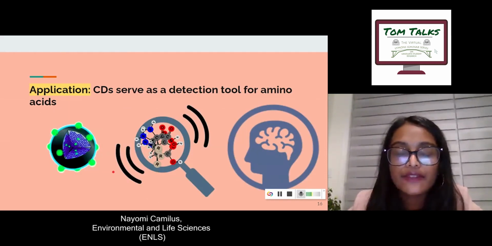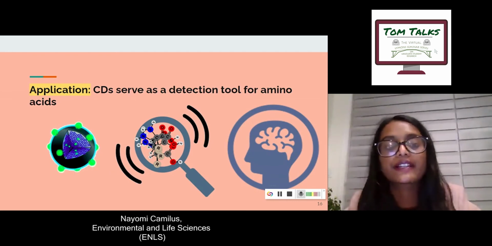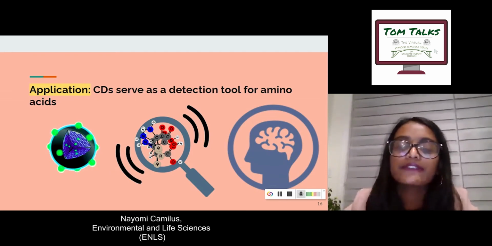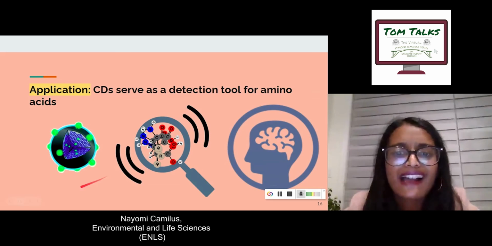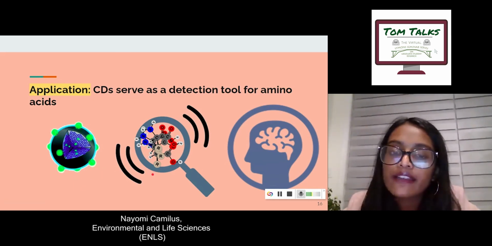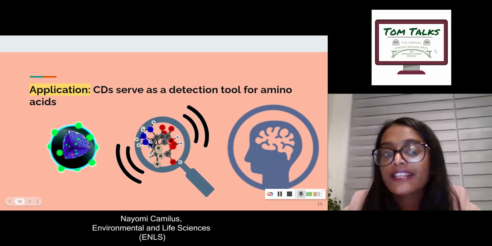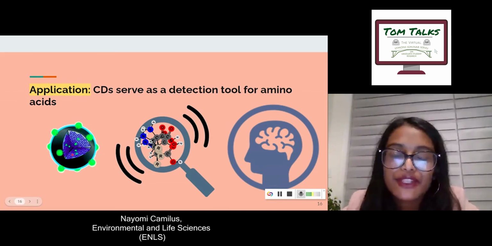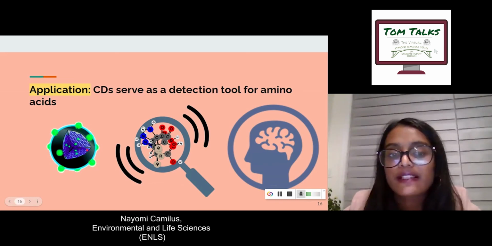So in terms of the application component of this, as mentioned before, these amino acids are correlated to many metabolic and mental disorders, and the current detection methods are very tedious, time-consuming, and involve expensive instruments.